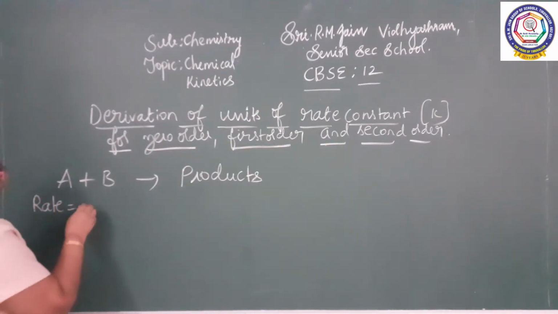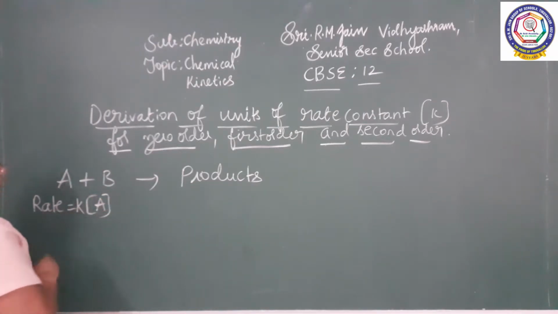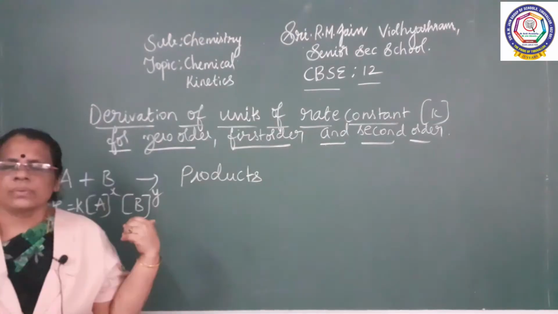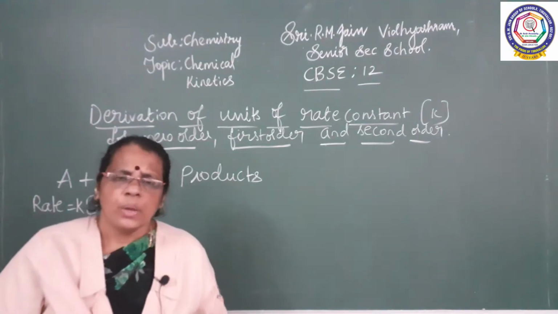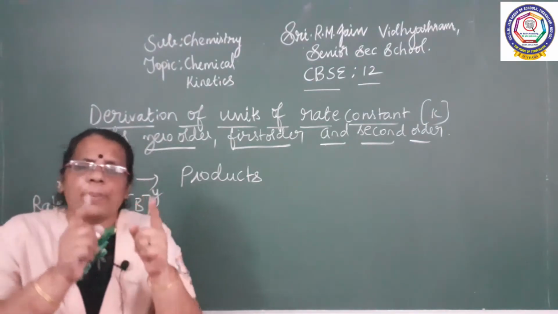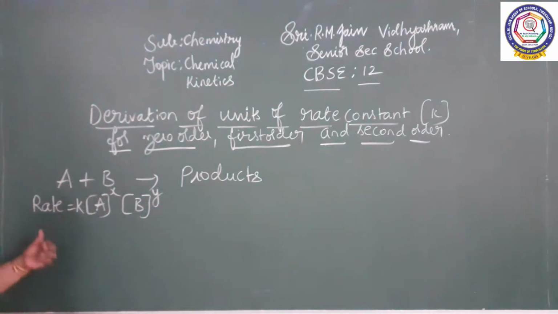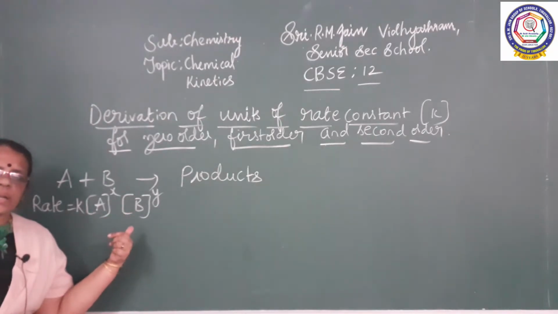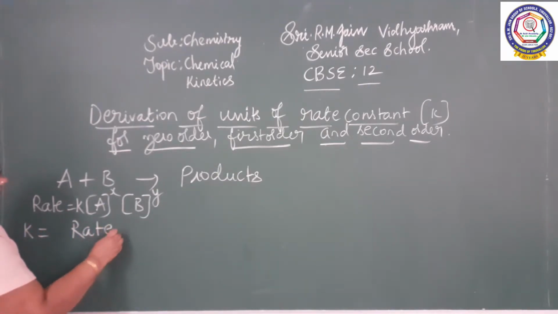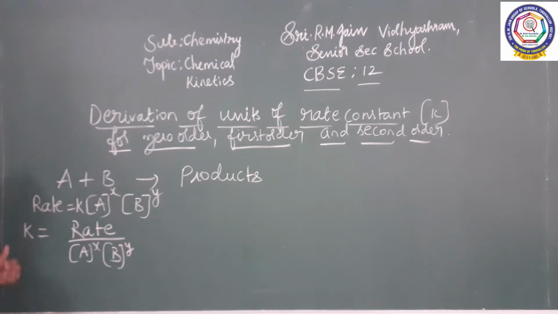Rate is equal to rate constant K into molar concentration of A whole power X into molar concentration of B whole power Y. Now, you write from here K is equal to rate divided by A power X into B power Y.